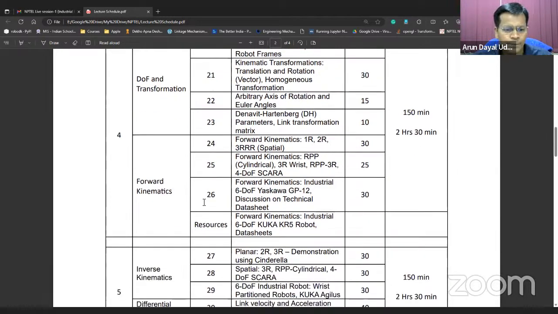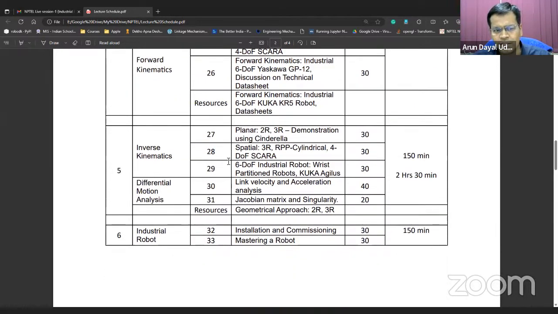Okay, and next is definitely inverse kinematics and differential motion analysis. From here onwards, we are very much inclined towards all academic learners of this course. Okay, so till here, modules 4 and 5 will be forward kinematics. Only kinematics is there so far, apart from differential motion analysis, which is also here.